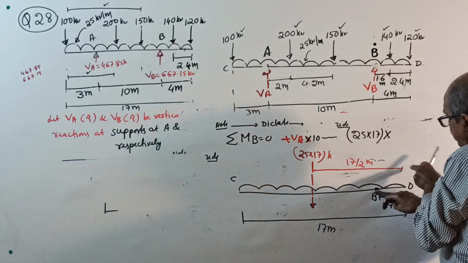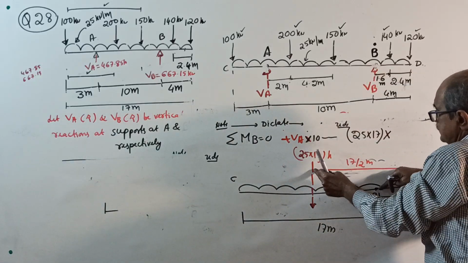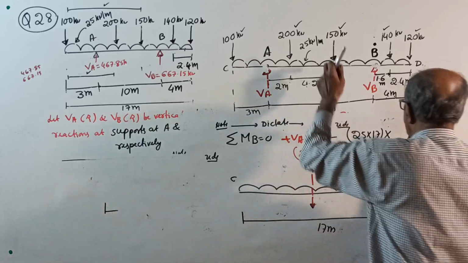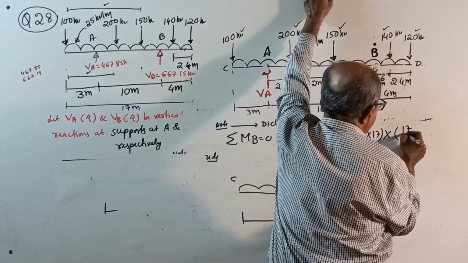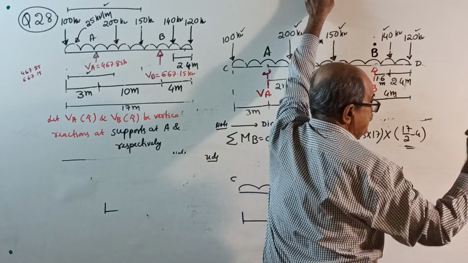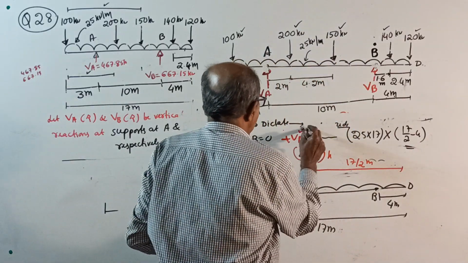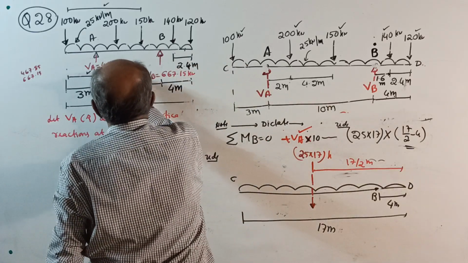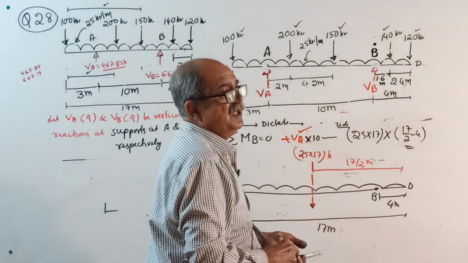This is 17 by 2, this is 4: 17 by 2 minus 4, into 17 by 2 minus 4. Then equal to 0, and you will get the value of VA, guaranteed, 467.85 kilonewton.